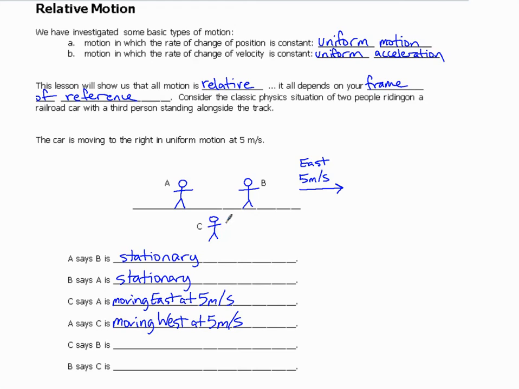Again, person C looks up at person B. C says that B is moving east with the train at 5 meters per second. Person B looks at person C and says that C is moving west at 5 meters per second.